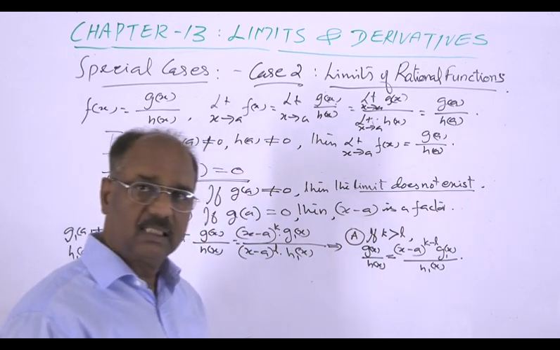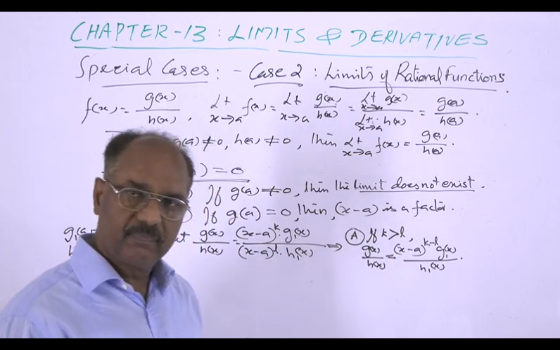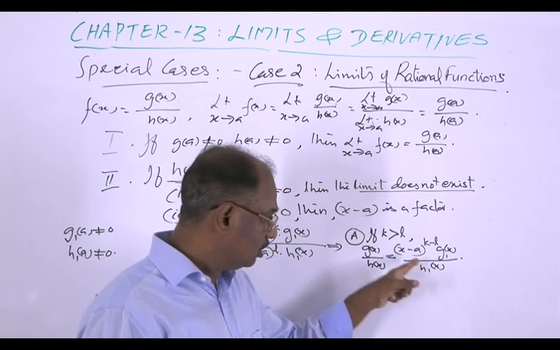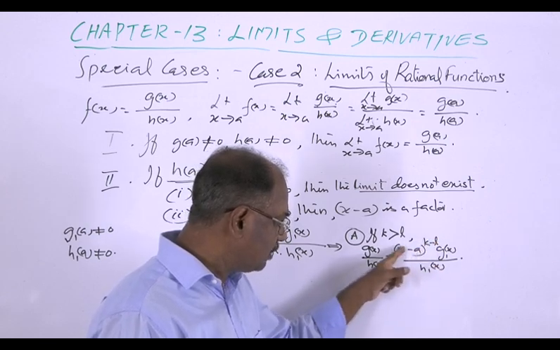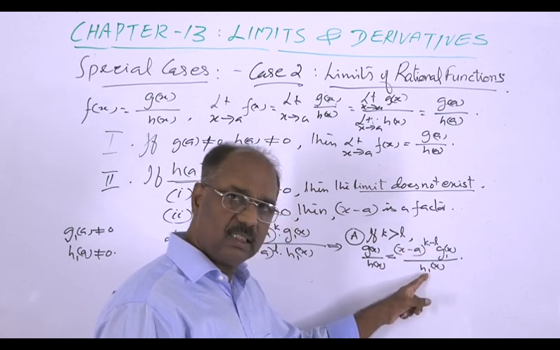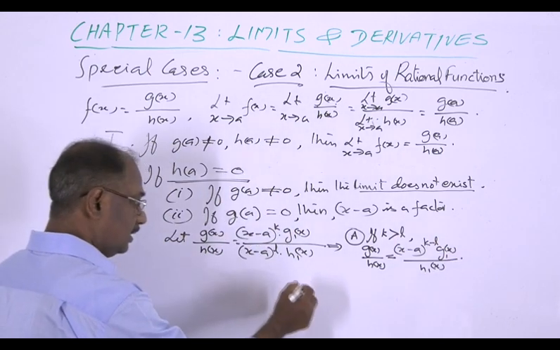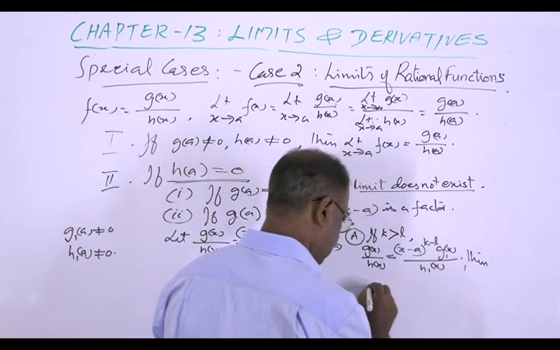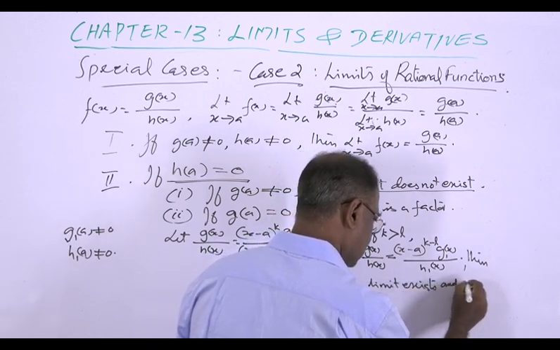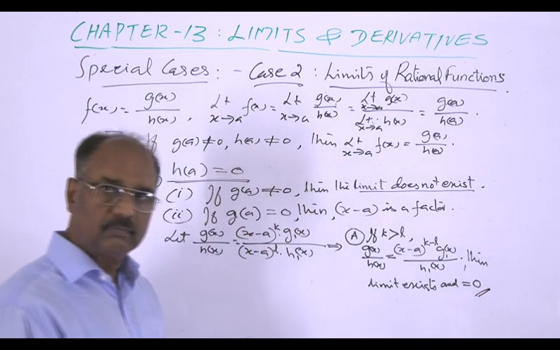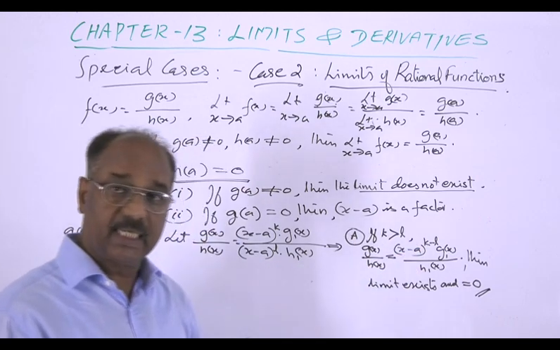Suppose we apply x equal to a to find the limit. Here h1(a) not equal to 0, and x minus a all raised to k minus l, with x becoming a, becomes 0. 0 divided by a non-zero denominator, so this fraction becomes 0 when we take the limit. So the limit is 0 if k greater than l.